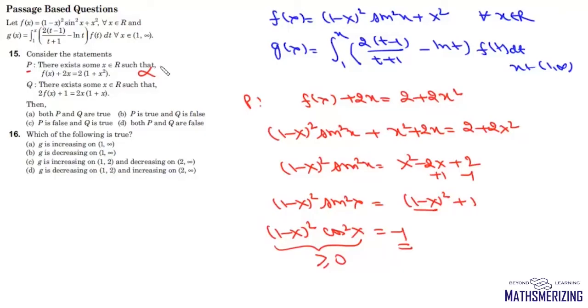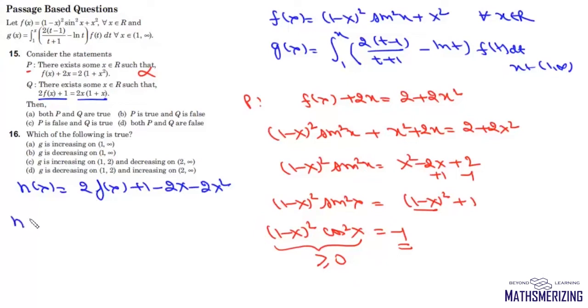Now what about statement Q? Statement Q says there exists some x belongs to R such that 2f(x) + 1 equals 2x(1 + x). So here what we'll do is we'll define a function, say h(x), which is given by 2f(x) + 1 − 2x − 2x².